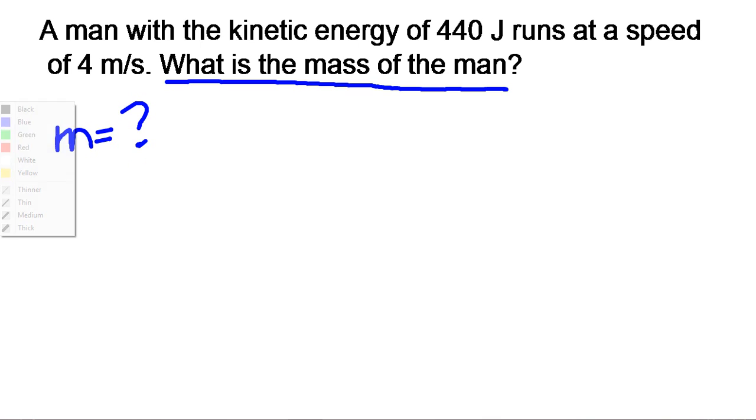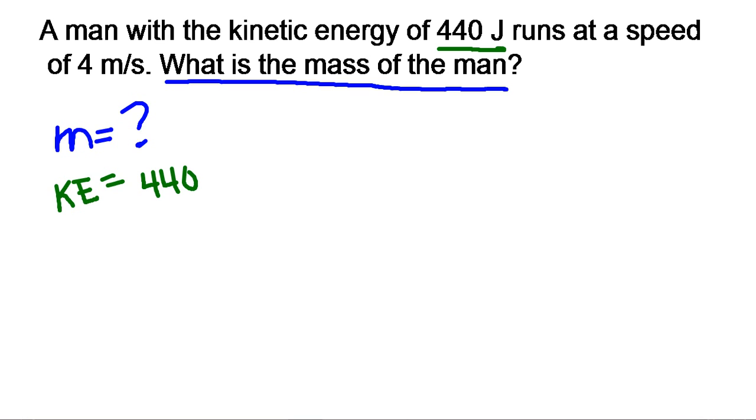Next, I need to identify the variables I know. I know kinetic energy. Once you figure out what you're asking, you should find all the other variables in your problem. Kinetic energy has the units of joules, so I'm going to look for that capital J, and I see that my kinetic energy is 440 joules.